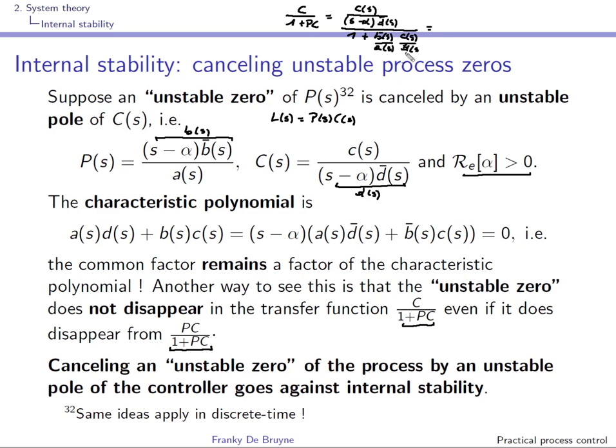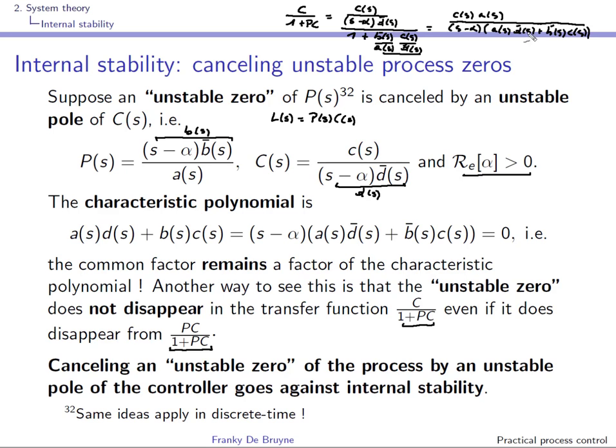If you put everything under the same denominator, you multiply by this quantity over here at numerator and denominator, this is what you'll obtain: C(s) A(s) divided by s minus alpha, and it's this one that is producing the problem, and then you'll have A(s) D bar(s) plus B bar(s) C(s).